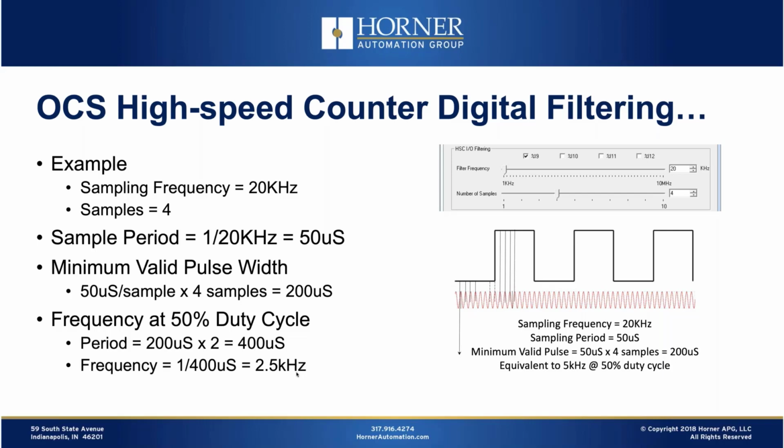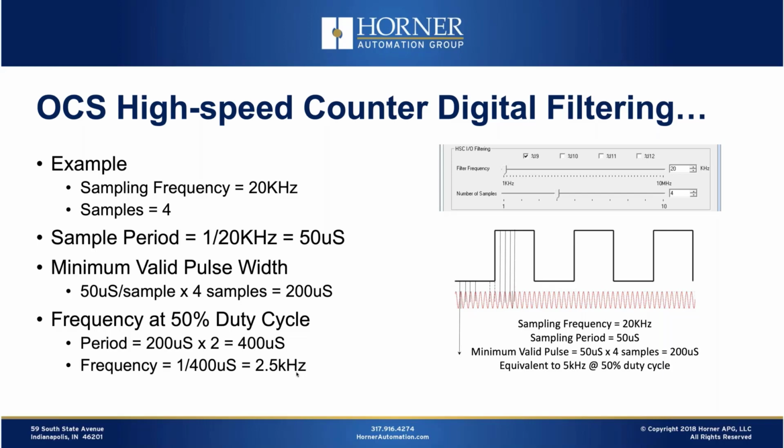All right. And if I want to know what that frequency is, and I'm thinking about like a 50% duty cycle where my pulse is on half the time and off half the time, they're not always that way. Keep that in mind. But let's say we're assuming a 50% on, 50% off duty cycle. Then we have to take our 200 microsecond pulse width and double it to get our period of 400 microseconds. And when we invert that to get frequency, we come up with 2.5 kilohertz.